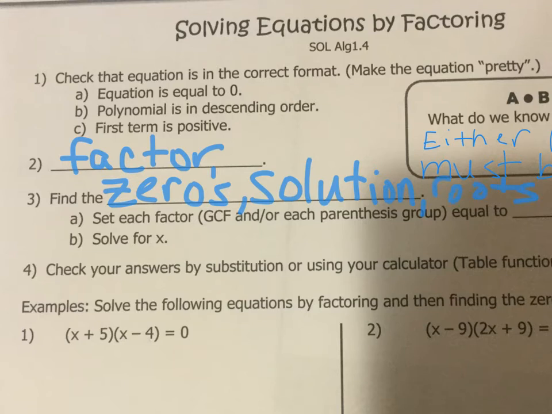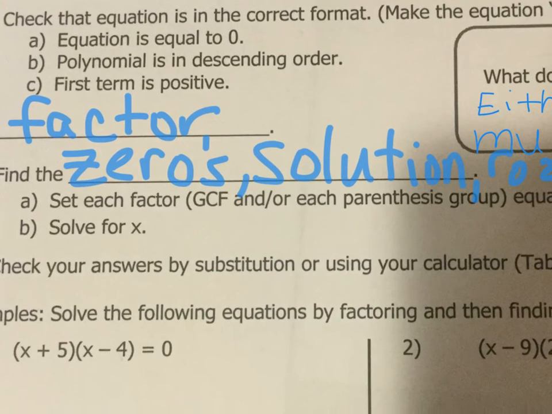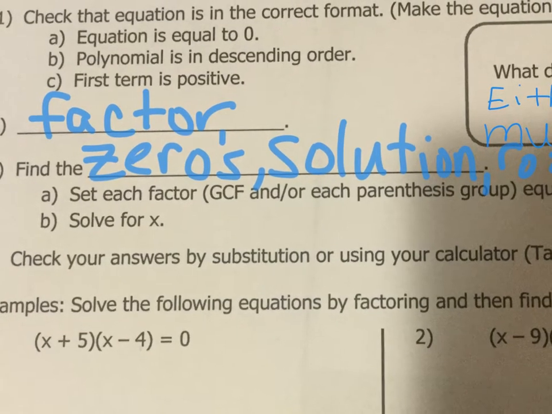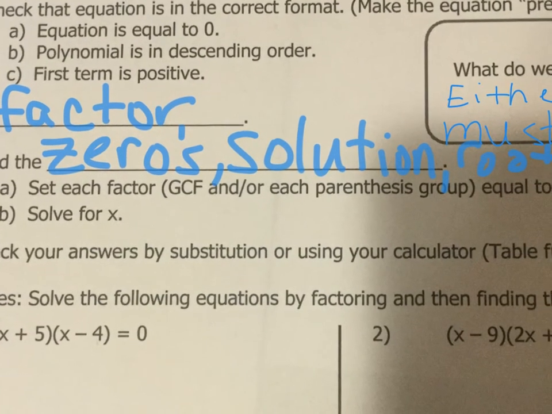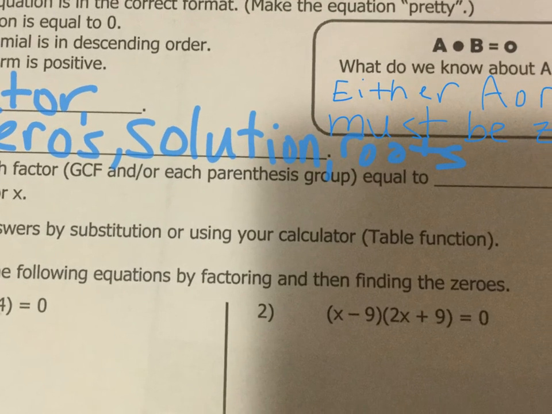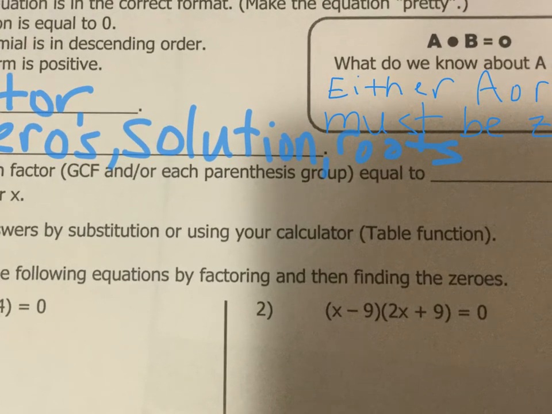So all three of those terms all refer to the x-intercept. So how do we find the zeros, solutions, or roots of a quadratic equation? Well, we have to set each factor, or each GCF, or each parenthesis group equal to 0.